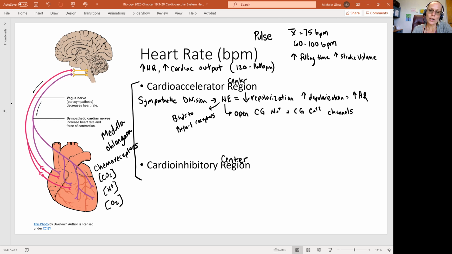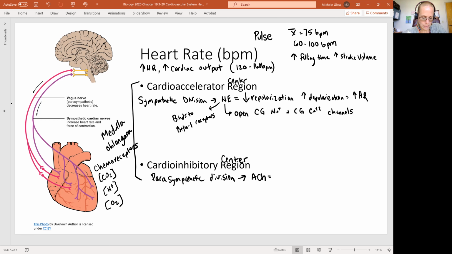When we look at the cardio inhibitory center, this is of course the opposite. So now we're slowing down the heart rate. So this would be the parasympathetic division. The parasympathetic division, we know, is releasing the neurotransmitter acetylcholine.